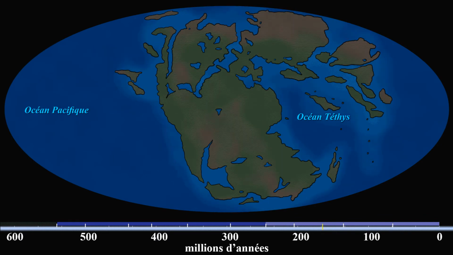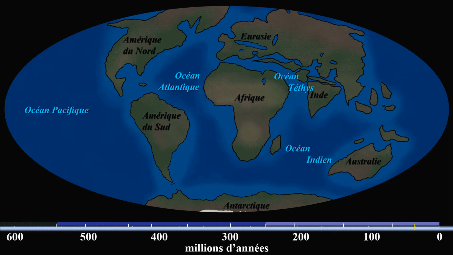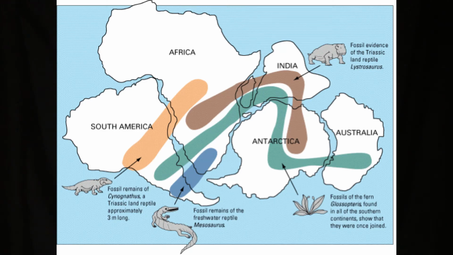If you look at South America and Africa, for example, you see that they sort of fit together, and there's a similar shape to them. And then he had information even at that time that showed that there were fossils that spanned the boundary of those continents and other ones, and that there were also mineral patterns that seemed to span continental boundaries on the hypothesis that they were once together.